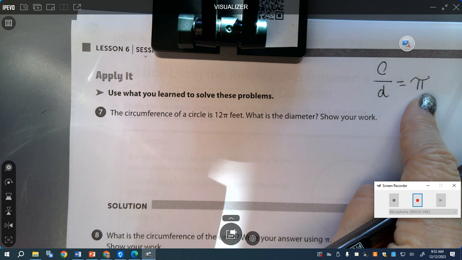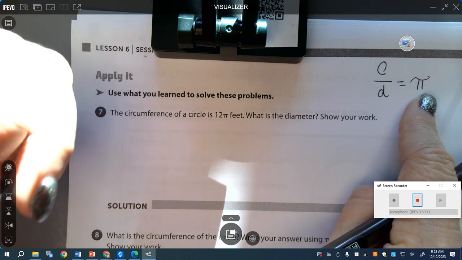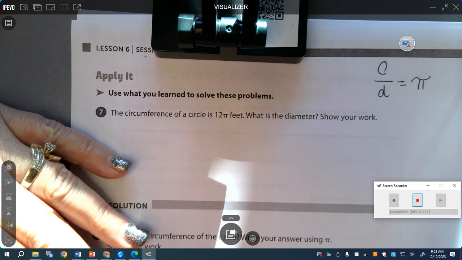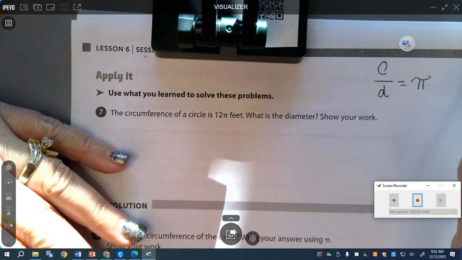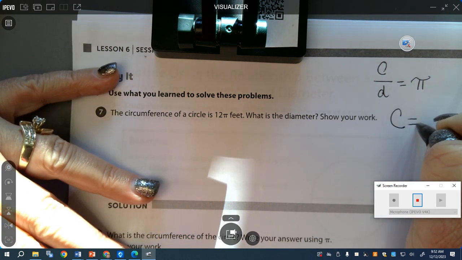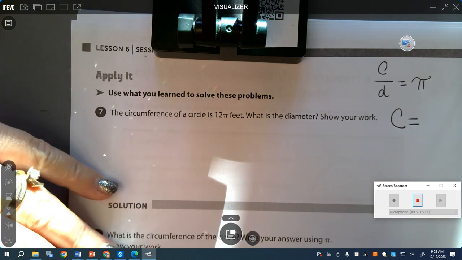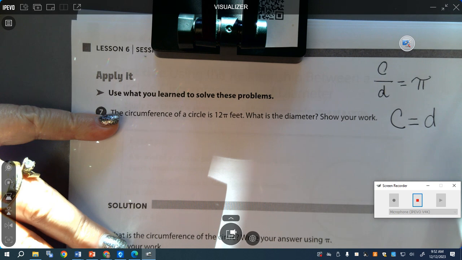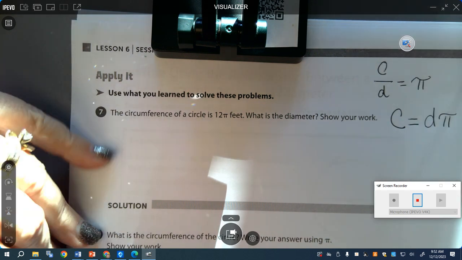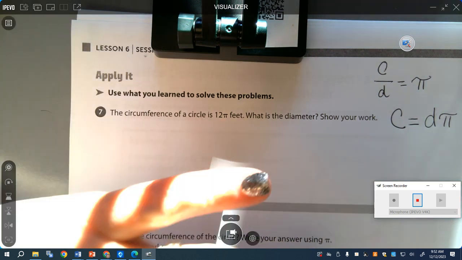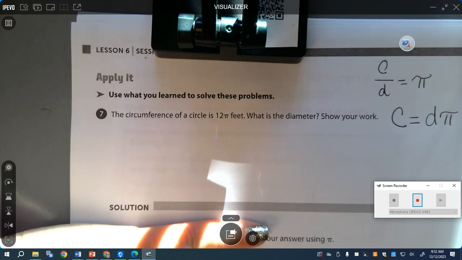How would I find the circumference? I'm going to reorder this formula so that I'm solving for circumference. And here it is. To find the circumference of a circle, it's the diameter of the circle times pi. That is the formula that you will use every single time to find the circumference of a circle.